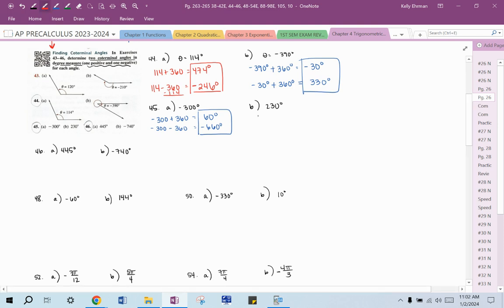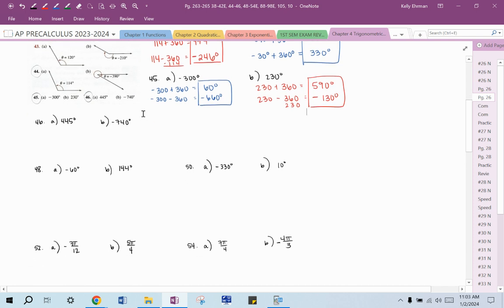And for 230 degrees, I'm going to add 360. It doesn't matter what order you do this in. That's 590 degrees. And if I subtract 360, I get, I always have to line it up for my subtraction, negative 130. Don't feel bad about having to do all this little basic math off to the side. It's when we don't write it down that we usually screw it up.